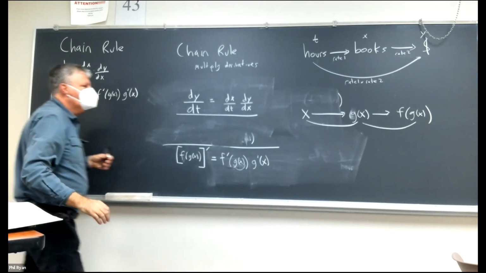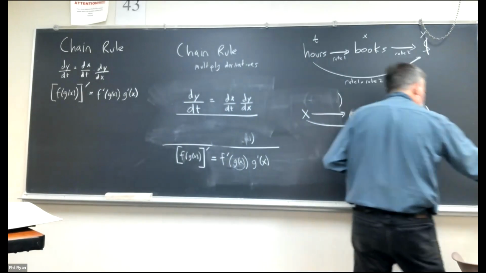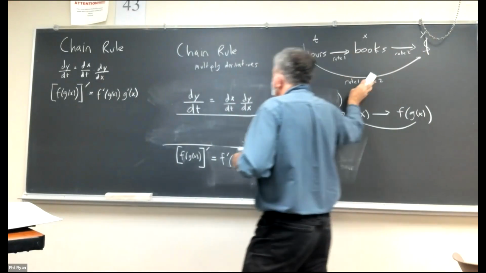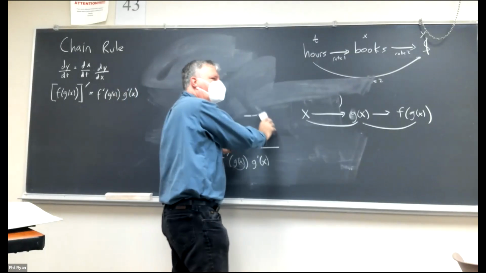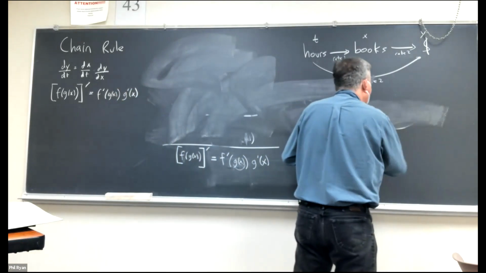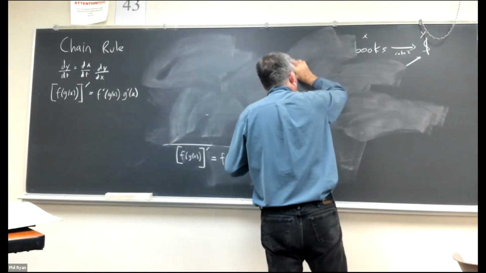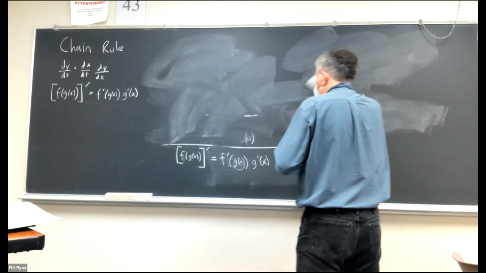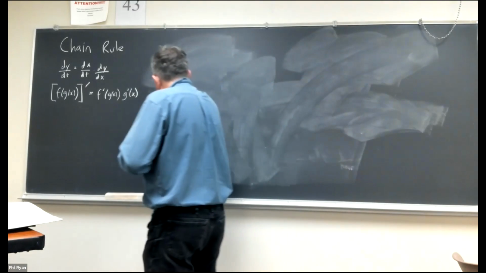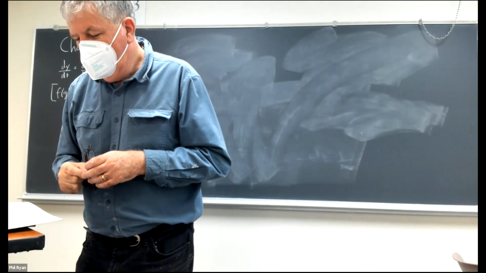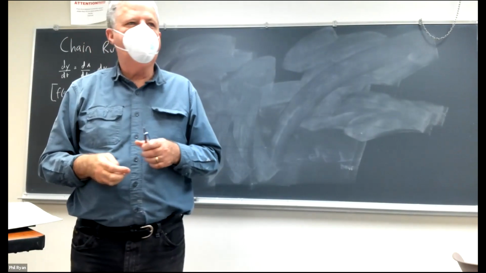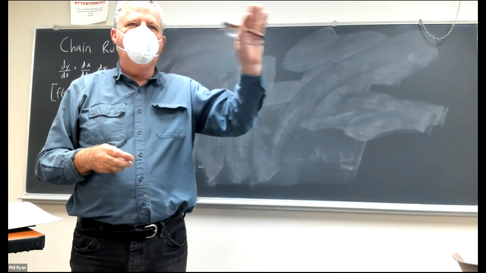Okay, let's do some examples. So I think the chain rule is the most important of all the derivative rules. So let's write down something that we would find very hard to differentiate before today.